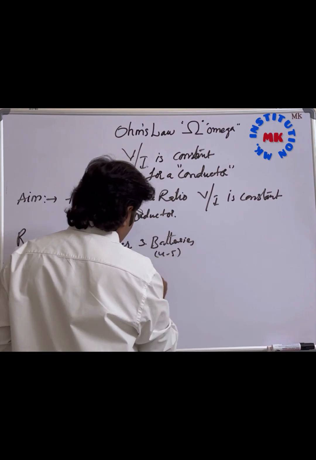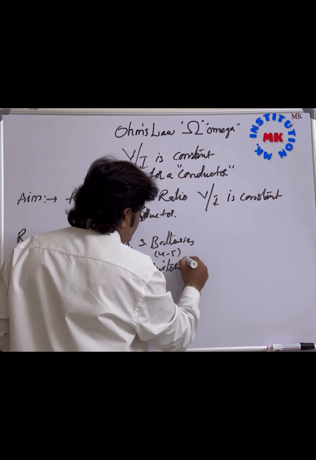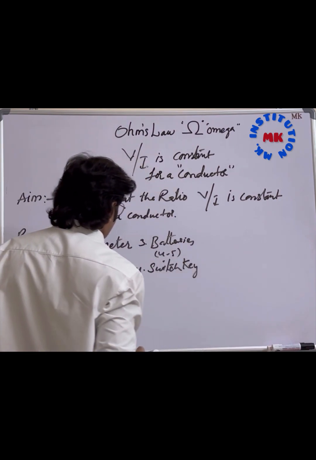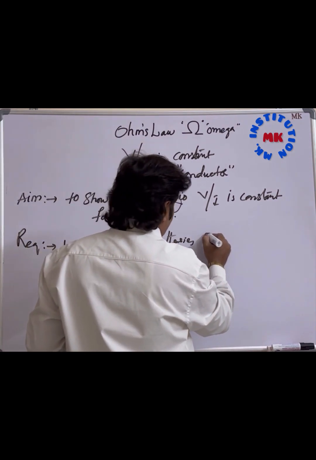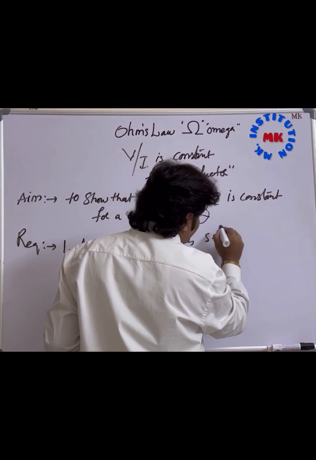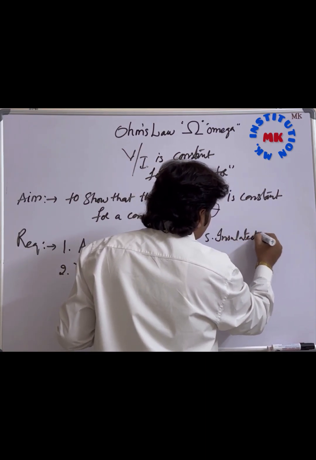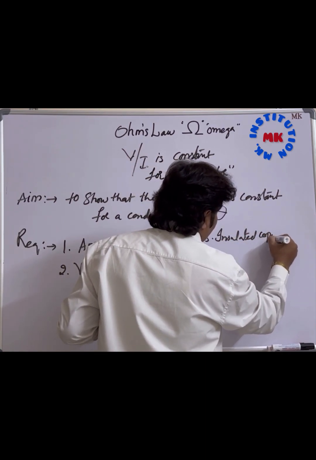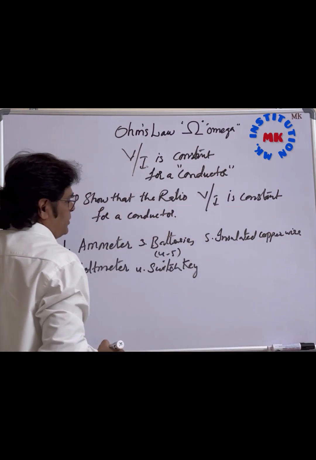Then the fourth one, switch key. Ammeter, voltmeter, switch key, battery, and the other one is insulated copper wire. Clear?